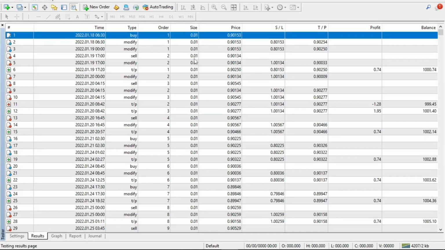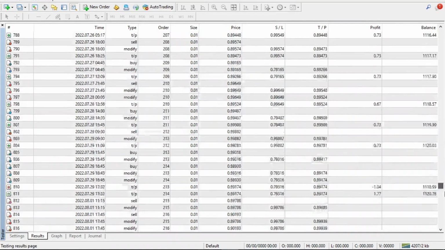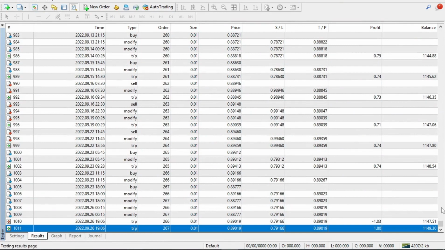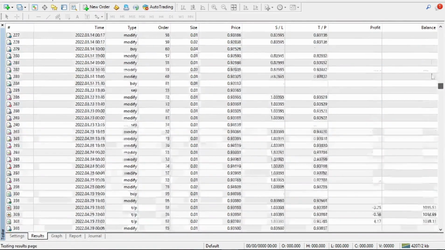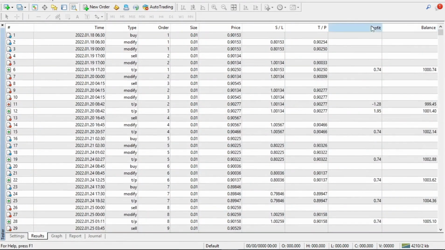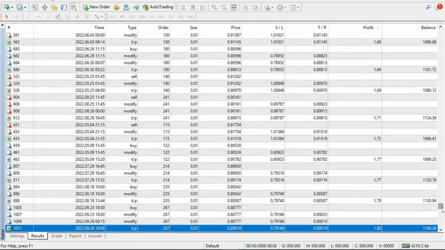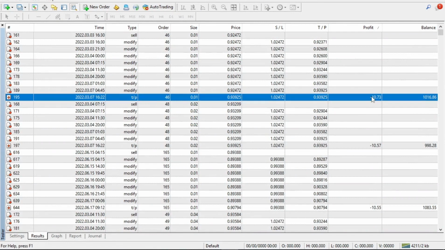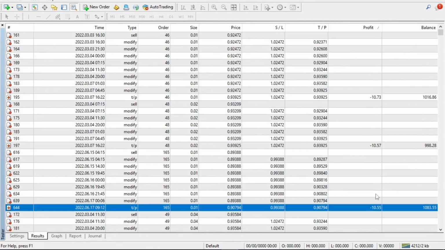Okay, this is the result. Backtest starts from January 18, 2022, until September 26, 2022. Maximum loss minus $10.73 in each transaction.